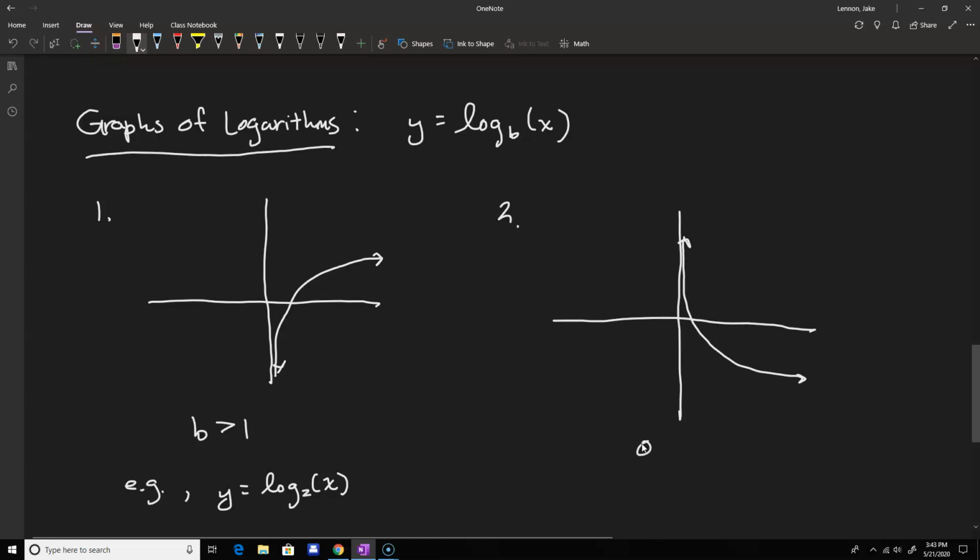So this happens when 0 is less than b is less than 1. So for example, y equals the log base 1/2 of x. So let's go over to Desmos and have a look at that. So I need to put a comma there.